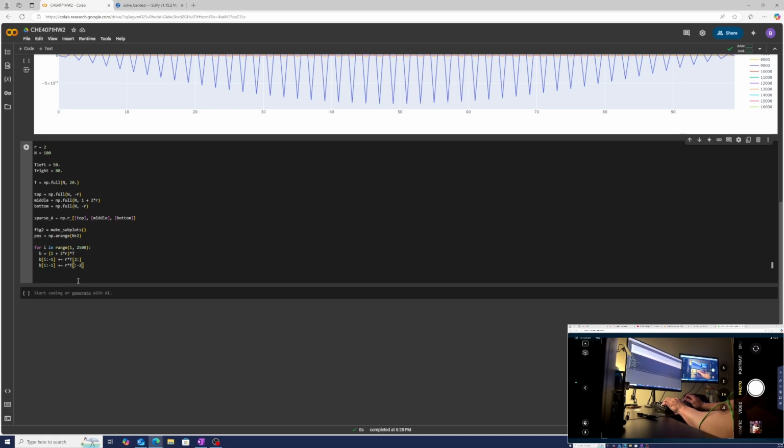Now that we've done all of our temperatures in the middle, we need to account for our ones on our ends, which are adjacent to our t left and our t right.